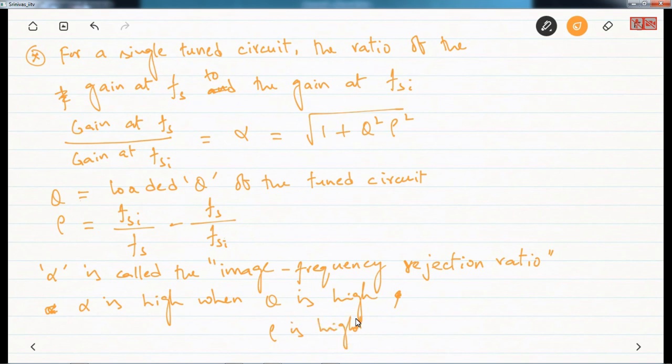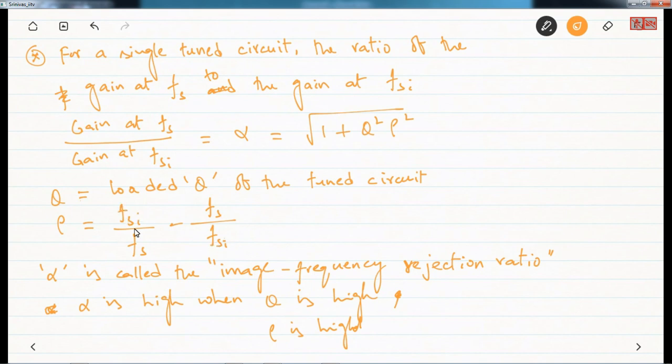Q depends on the Q factor of the tuned circuit, and rho depends on the image frequency divided by signal frequency minus signal frequency divided by image frequency.